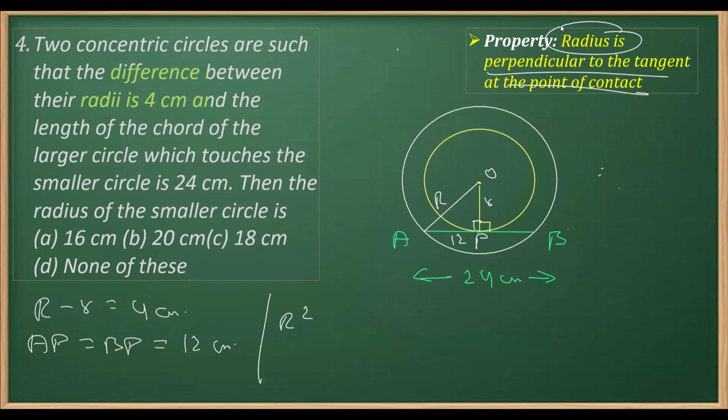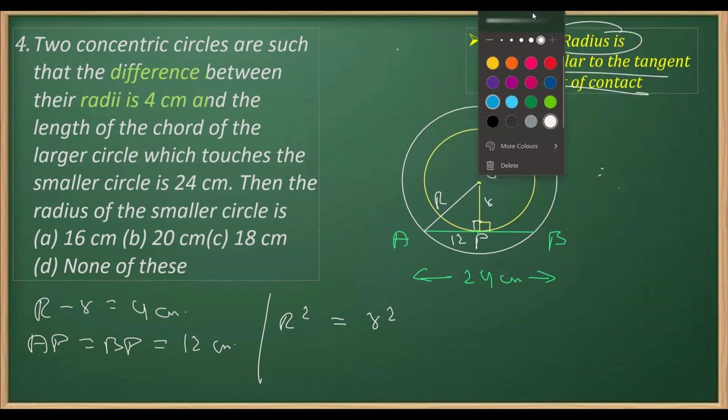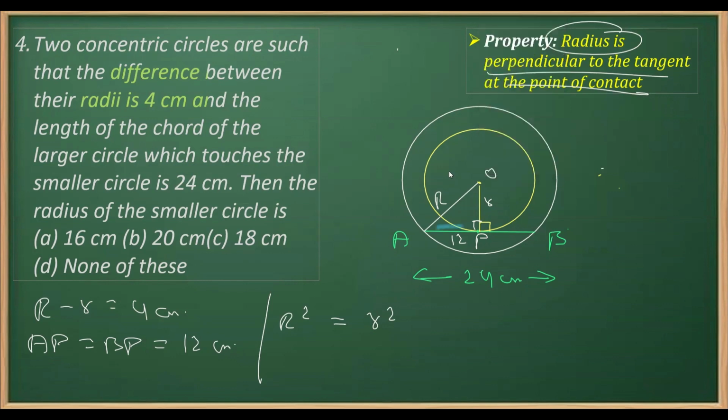As you can see from the figure, capital R square is equal to the square of the other two sides. I should tell you the triangle I'm considering. Yeah, this is the triangle I'm talking about, and I'm applying the Pythagoras theorem in this triangle.